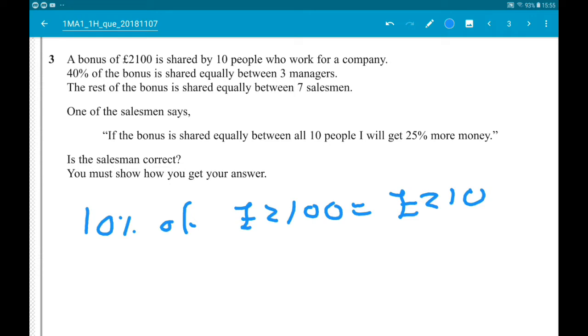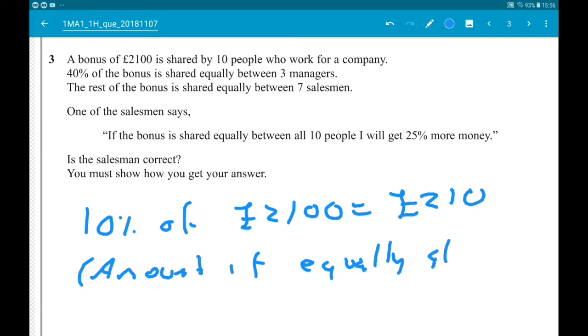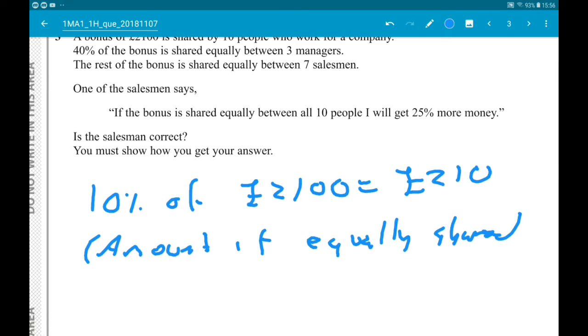Now, if the money was shared equally between all 10 people, they would each get £210. So that is the amount if equally shared between all 10.